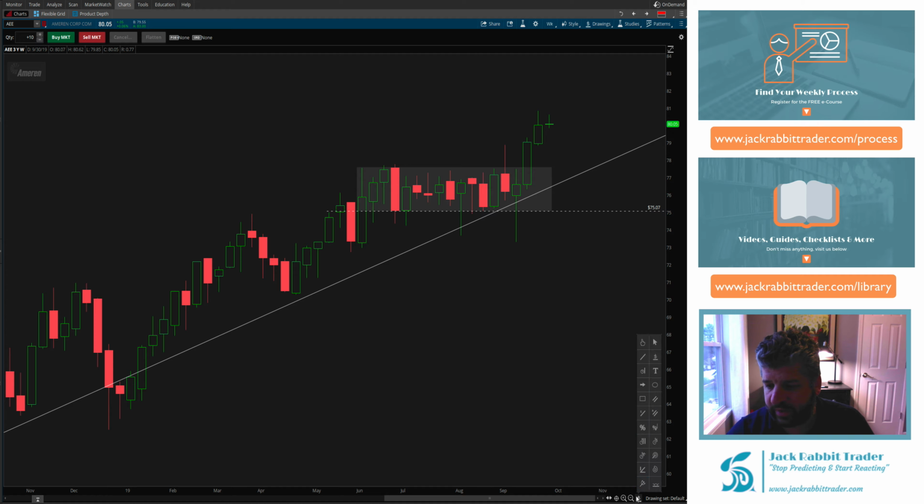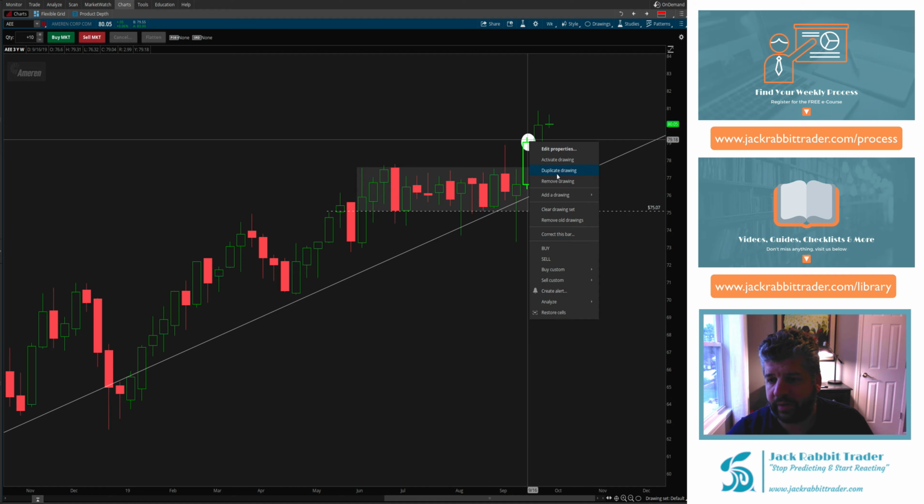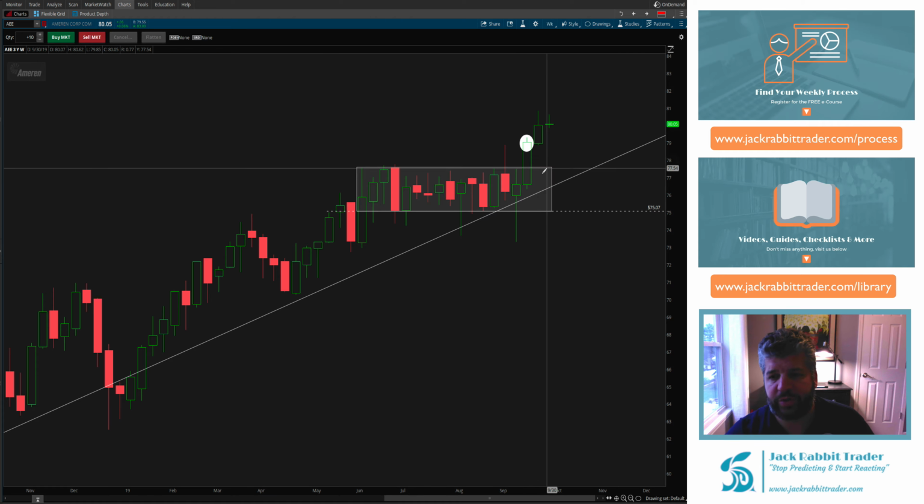And then ultimately you get a breakout right here out of that range. At this point, the buyers have overwhelmed the sellers, and the stock started moving higher. The sellers no longer had enough supply to keep this stock lower, and that's why it broke out. So that is what a weekly breakout trade looks like.